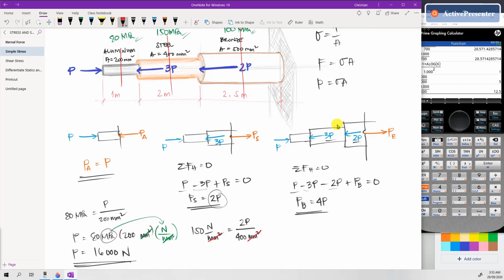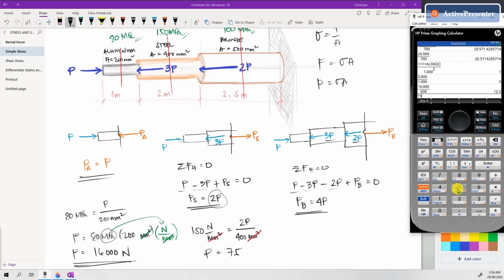Then, yung force P, considering yung limit natin, si stress is 150. Okay. Ay, may 400 pa pala doon. So, 150 times 400 kapag transpose natin yung area, then divided by 2.